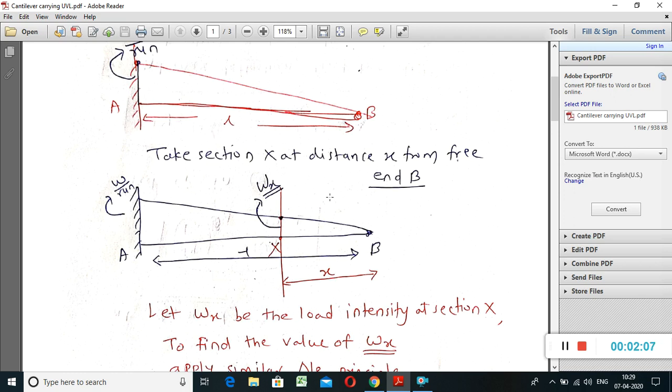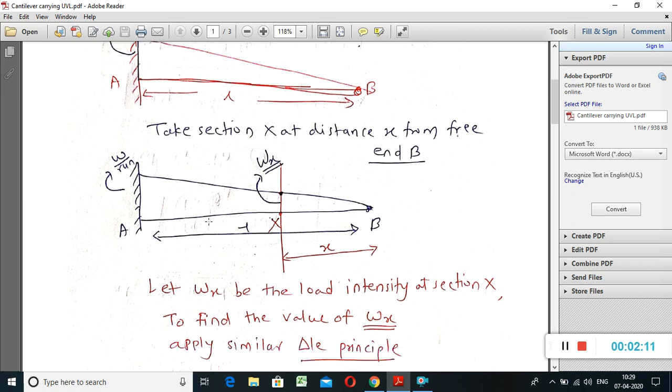The calculations are easier for the triangle than the trapezium.